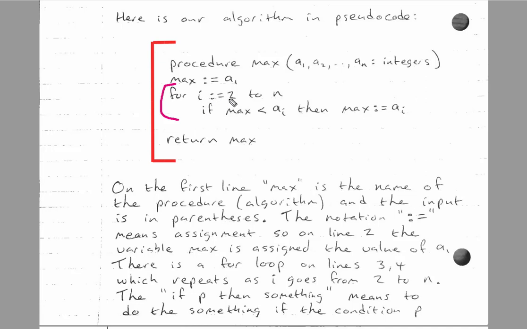The for loop is letting i go from 2 to n. So i starts off equal to 2, and then it keeps repeating this piece as i goes from 2, 3, 4 up to n. Remember, our list has n elements.